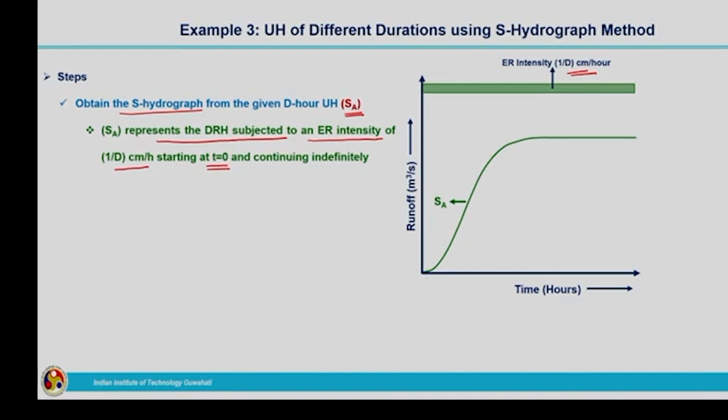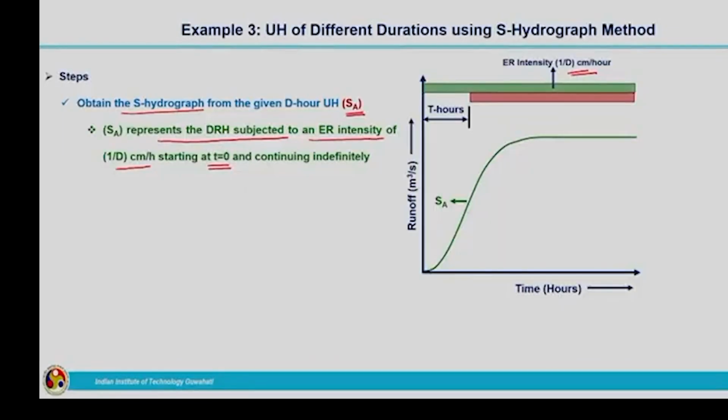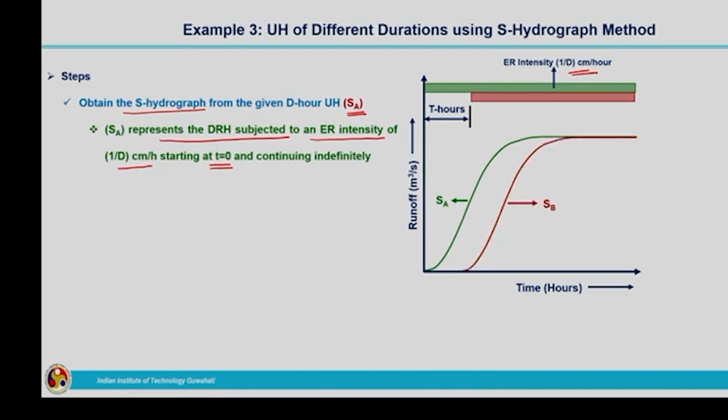Second step is to lag the S hydrograph by T hours. That is, the catchment is going to experience the same amount of rainfall after T hour duration. So, same effective rainfall pulse, same effective rainfall intensity of 1 by d centimeters per hour is marked over here, which will be producing the S hydrograph with a delay of T hours. That is marked by this red curve represented by SB.